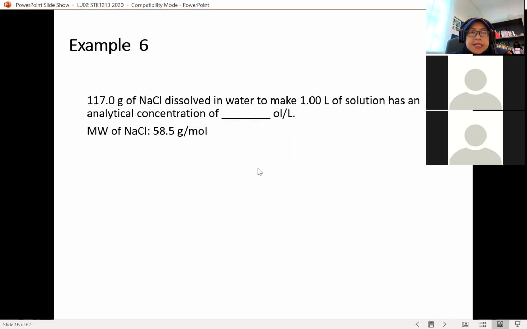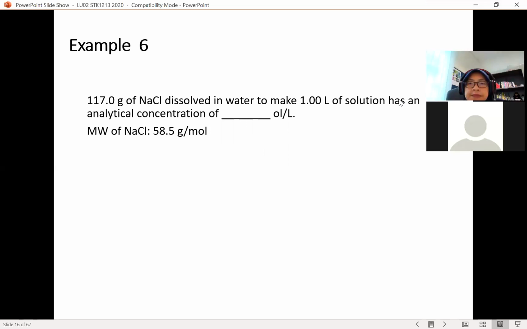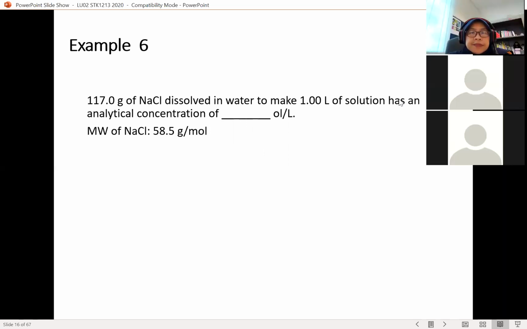Okay, so what is the approach you use? You already have the volume. You already have the mass. What information do you not have? Okay, you write down the formula for molarity.